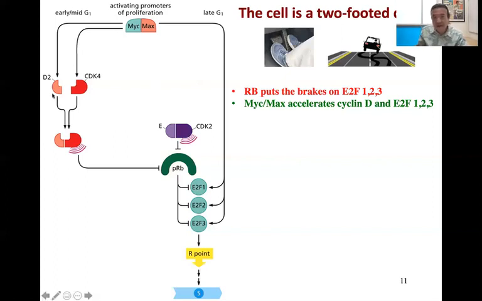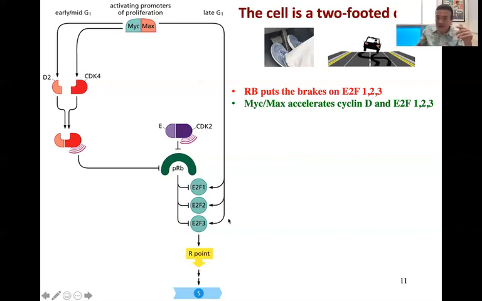So we said earlier in this lecture that cyclin D and CDK4 is a prime target of the MYC-MAX combination. So MYC and MAX activity is going to drive cyclin D forward. So as RB puts the brakes on E2Fs 1, 2, and 3, MYC and MAX is trying to accelerate by pushing more cyclin D. And MYC and MAX also creates the expression of more E2F proteins.